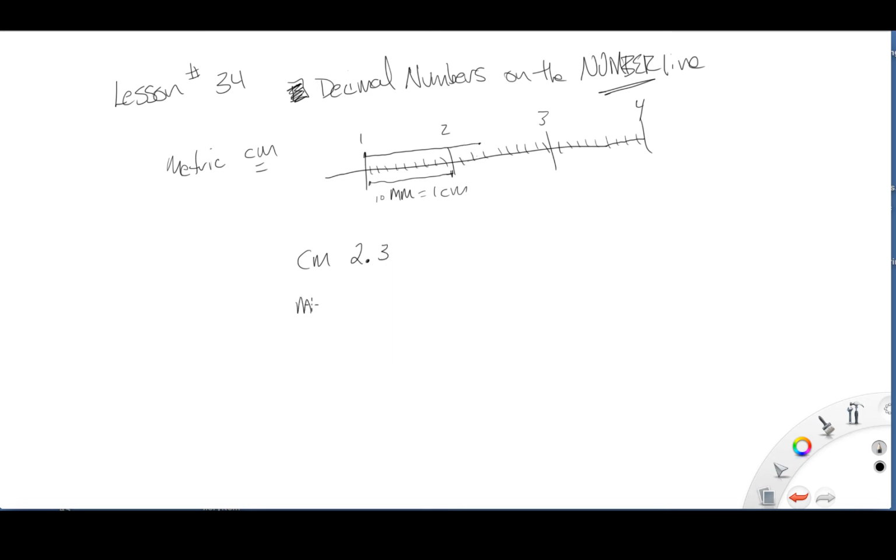In millimeters, if we counted all these up, we would get 23. Now notice the correlation of the decimal point. Centimeters, we have a decimal point, but in millimeters we do not. So we can convert from centimeters to millimeters really quickly by just moving the decimal point one spot. Okay? All right, that's pretty easy.